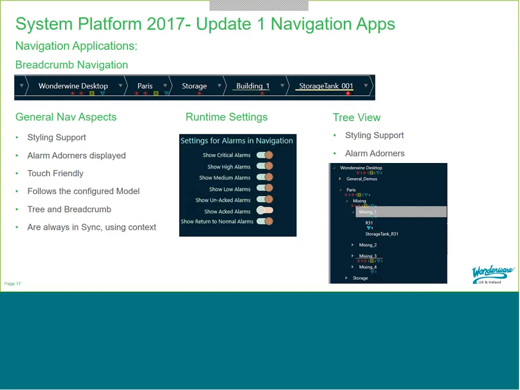As I mentioned at the very beginning, System Platform provides a very structured approach to your physical plant layout. This displays that plant layout you've created a virtual representation of, which means the applications automatically build themselves. You no longer have to drag graphics onto the screen to display them. The navigation app will build it based on your plant model, and when you click on them and there are graphics associated, the graphics will be populated in the screen automatically.